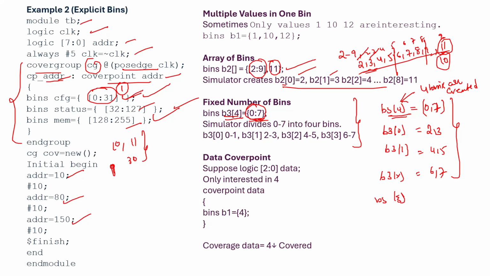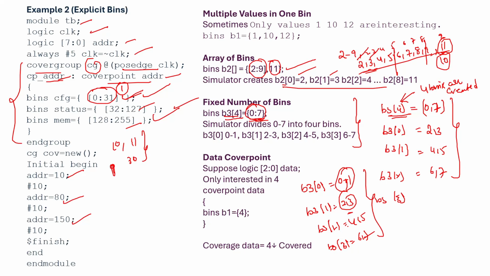In this, b3 of 0 is storing 0 comma 1, b3 of 1 is storing 2 to 3, b3 of 2 is storing 4 to 5, and b3 of 3 is storing 6 comma 7. So 4 bins are created, each bin storing 2 values. So then 4 bins are covered here. Clear? Any doubt?